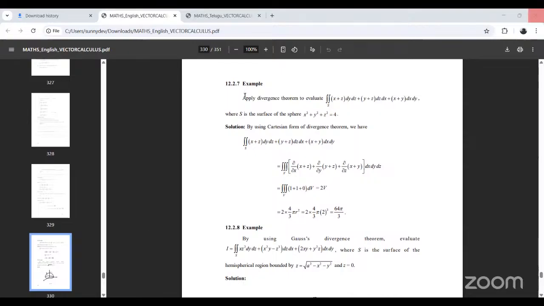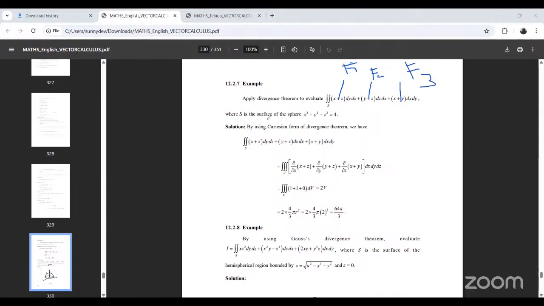Next problem: apply the divergence theorem and evaluate the integral of x plus y plus z into dy dz, y plus z into dz dx, and x plus y into dx dy. This is F1, this is F2, and this is F3.